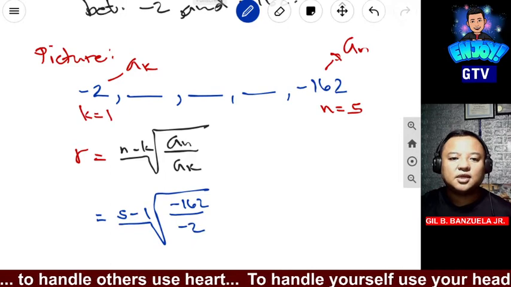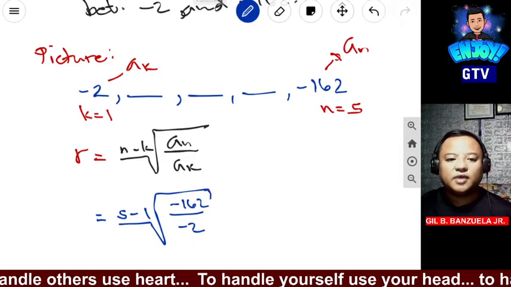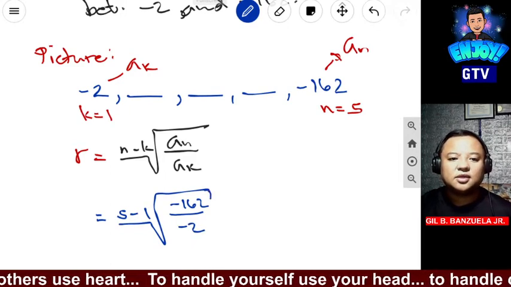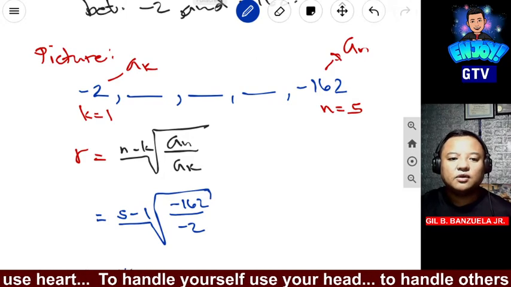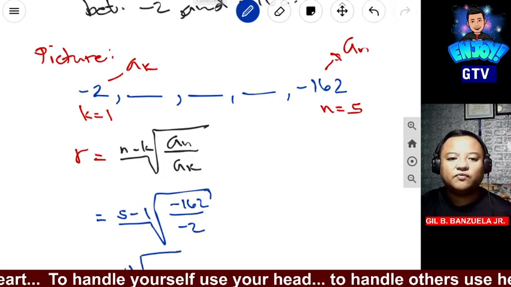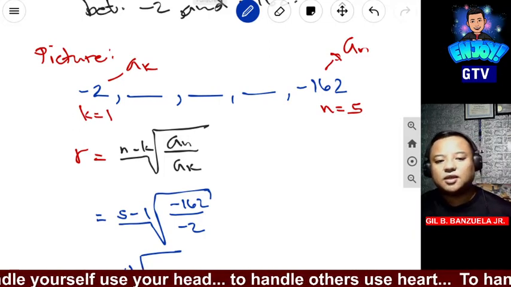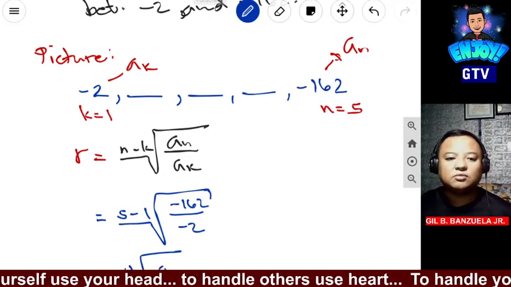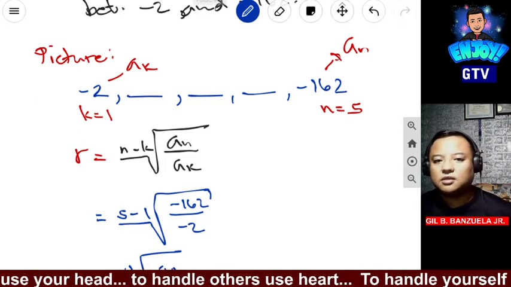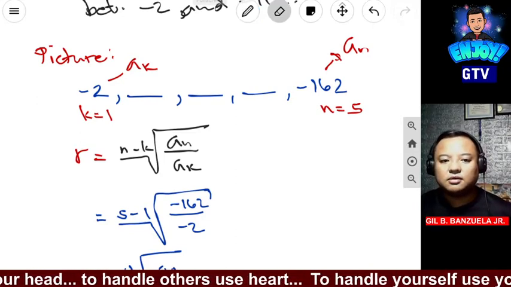This time is -2. Alright, so 5 minus 1, that is equal to 4. So therefore, we are asked for the fourth root of the quotient between -162 and -2, and that is equal to positive 81 rather.